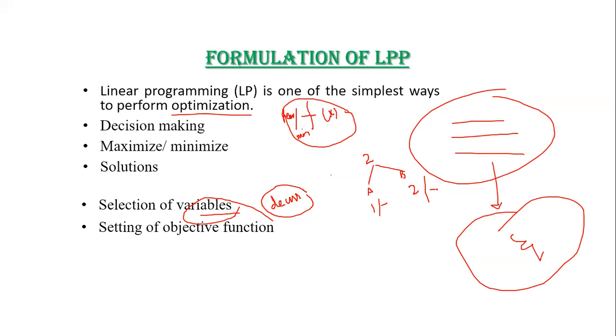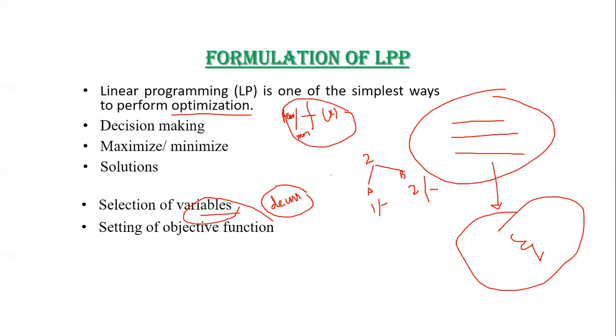So you have to write this relation as an objective function, because ultimately this function should be maximized. I already mentioned that optimization is nothing but maximizing something or minimizing something. In this case you are getting 1 rupee per unit for A, which means if you make X units, you will get X rupees.